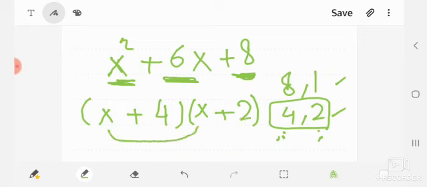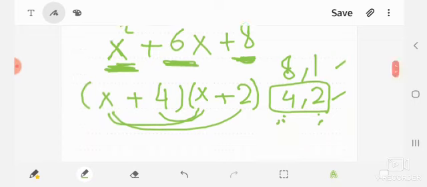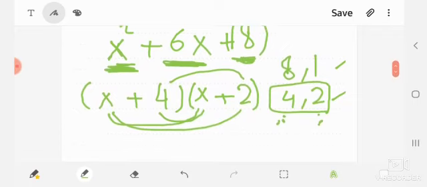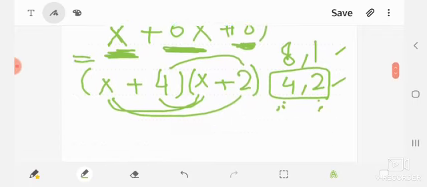Notice, x times x gives us x squared. x times 2 is 2x. x times 4 is 4x. 4x and 2x gives us 6x. Then 4 times 2 gives us 8, which is the third term.